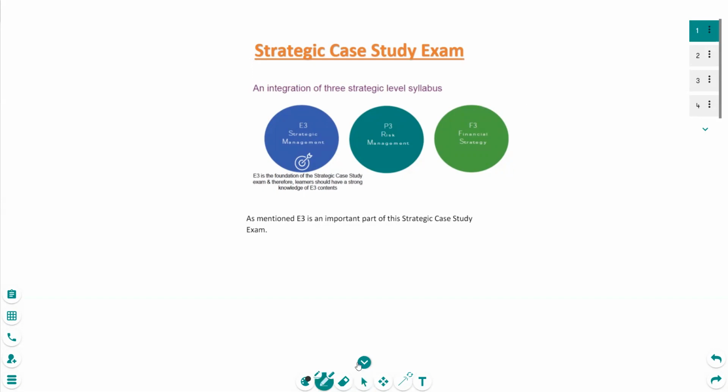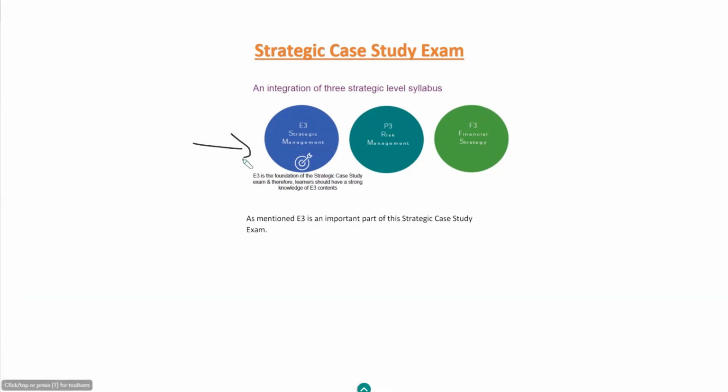So before we begin, we must know that there are three main pillars of any SCS exam: E3, P3 and F3, with E3 being the foundation for your strategic case study exam. So it has a lot of digital strategy, it has a lot of strategic models, it has a lot of strategic decision making tools.